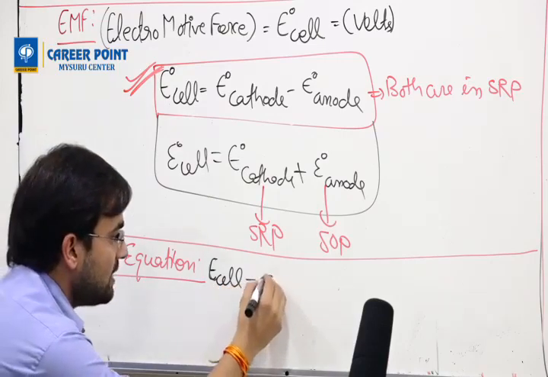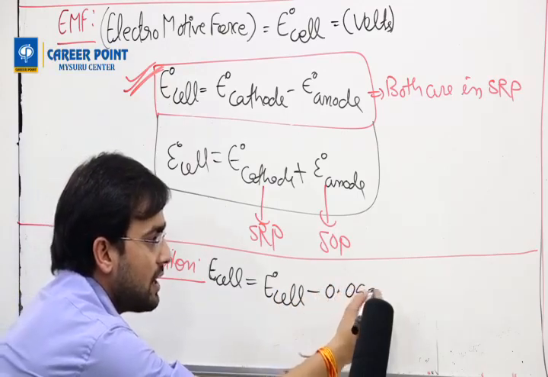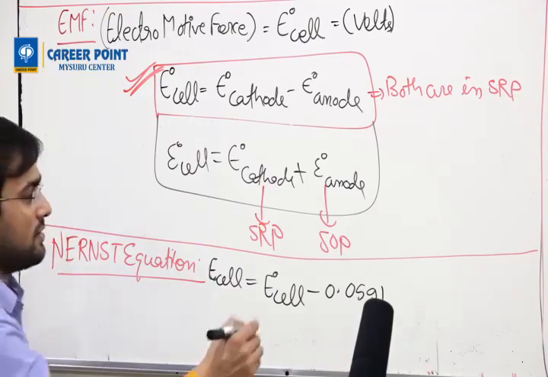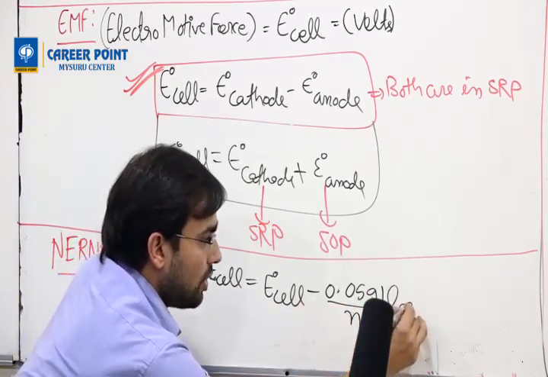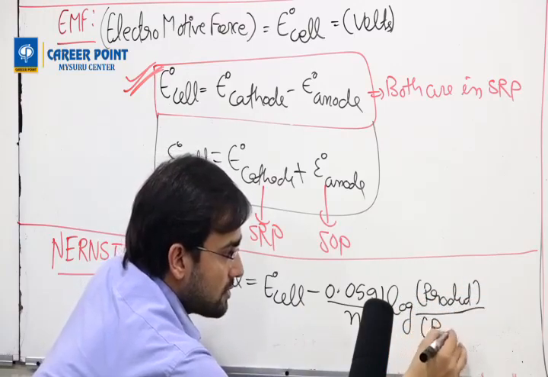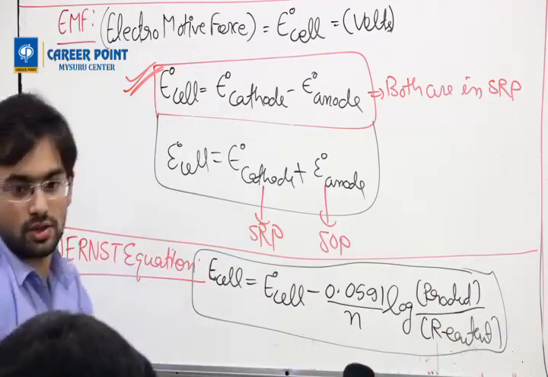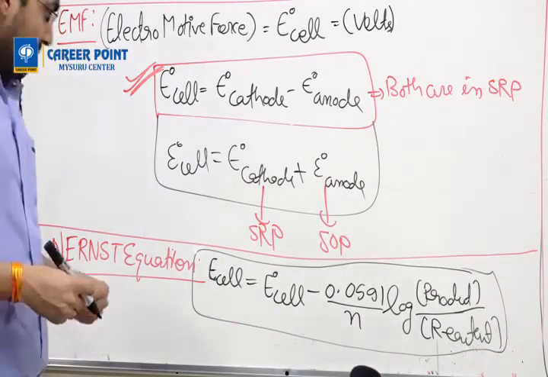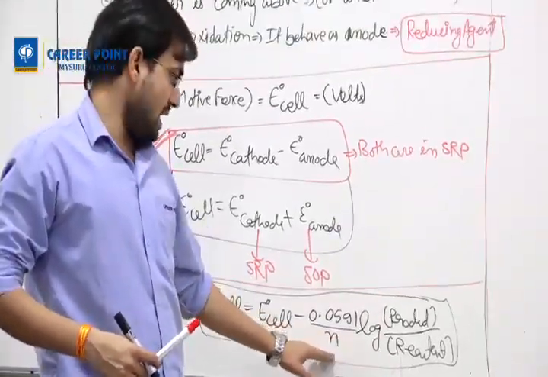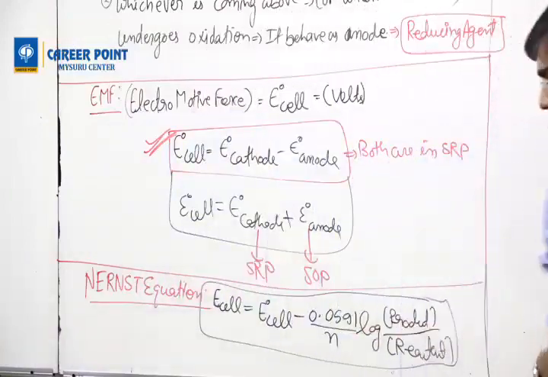So it relates like this: E cell equals E naught cell minus 0.0591 by n log of product by reactant. Understood? Copied all this?